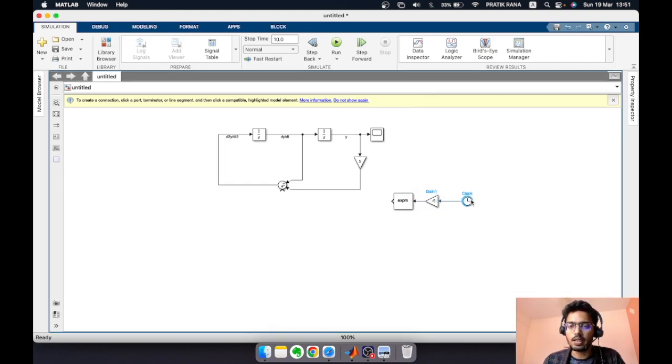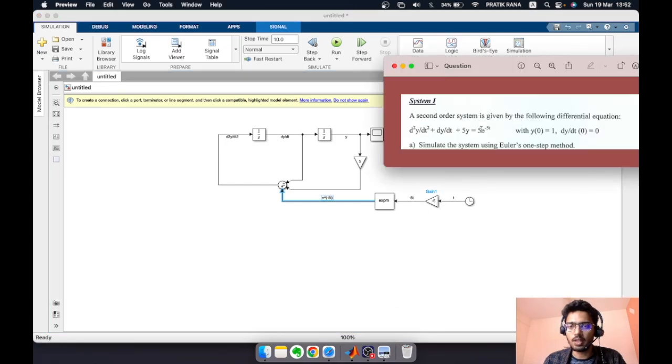So this gives t, and here the value becomes minus 5t, and after this it becomes e to the power minus 5t, and we'll connect this here. So this is giving out e to the power minus 5t. Okay, so we have d2y by dt square is equal to minus dy by dt minus 5y plus e to the power minus 5t, and that is exactly what we need.